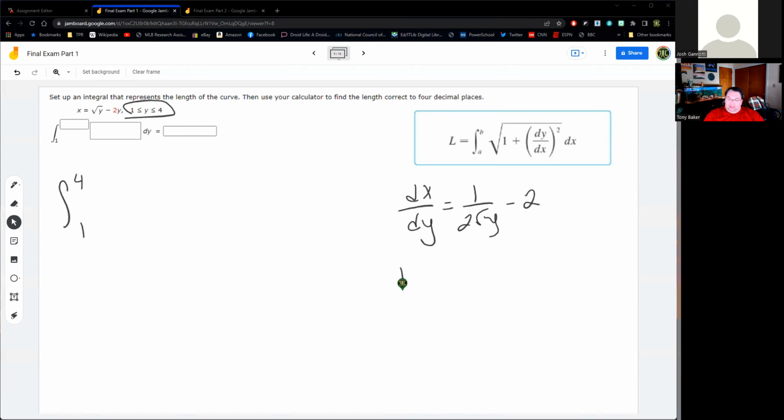So now I'm doing 1 plus that squared. I square that out, I get 1 plus 1/(4y) minus 4/(2 square root of y) plus 4.